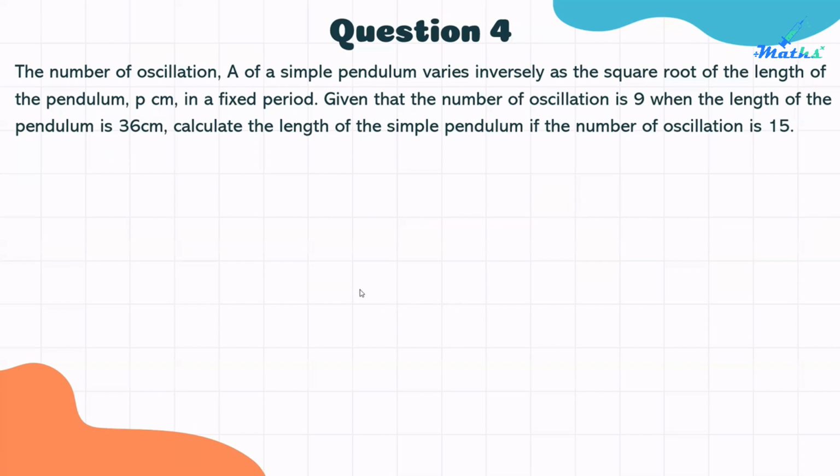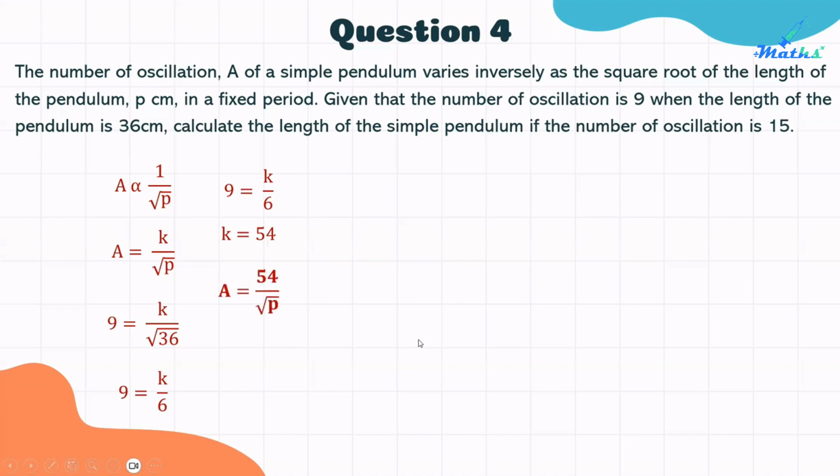Let's see. Our A varies inversely as the square root of P, so the equation form becomes A equals K over square root P. Our A has a value of 9 and P is 36, so our K is 54, and A equals 54 over square root P. We need to calculate the length if the number of oscillations is 15, meaning when A is 15, what is our length?